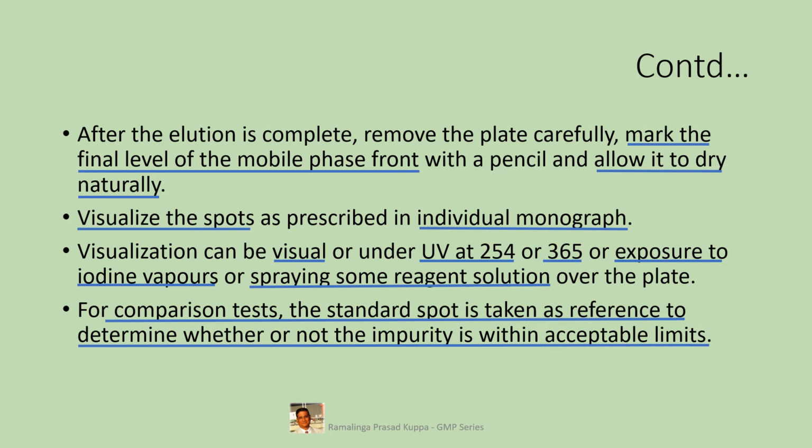In such analysis, a spot of known concentration of standard is taken as reference and compared with the test spot to see whether or not it is within acceptable range or limits. It is only a semi-quantitative limit test. Exact quantification is not possible in such situations.